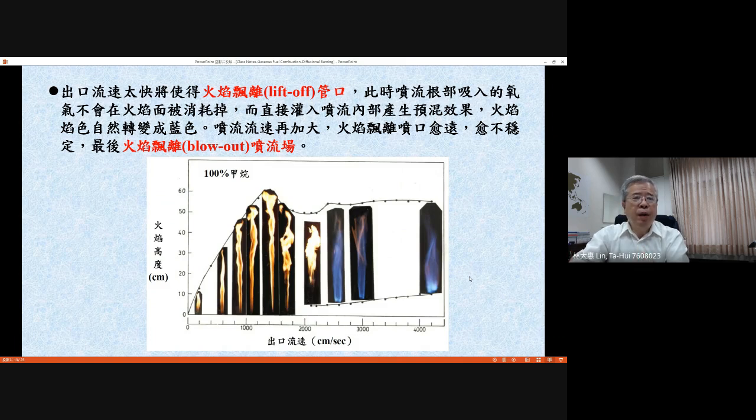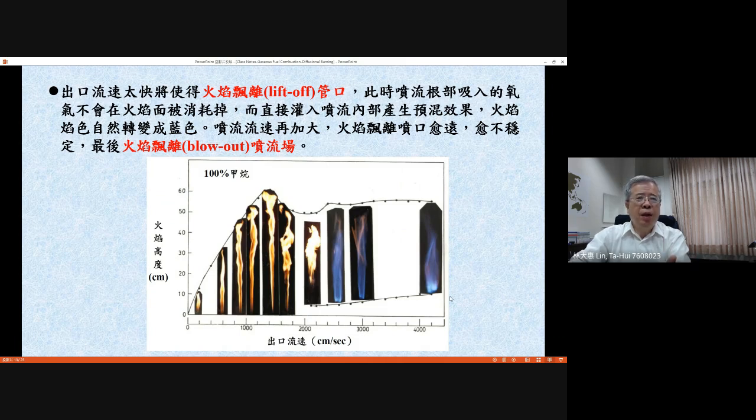But for diffusion flame, actually they can stabilize on the port of your burner. Your injection velocity should be smaller, below the lift-off velocity. Okay, in this region you can stabilize your flame at the port, but when you have a flame lift-off, you still have some chance to have a stabilization of your jet diffusion flame in certain positions, and still continuous burning, but there is a limit defined as the blowout. When you have a velocity higher than the velocity required for blowout, then you will not have a diffusion flame.